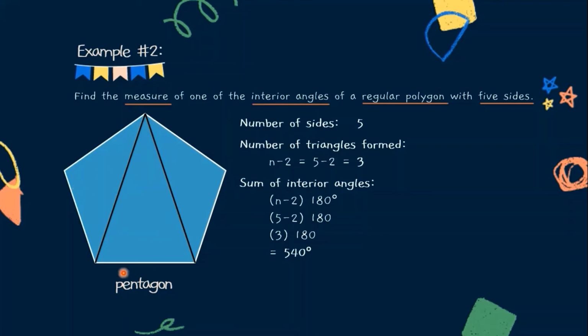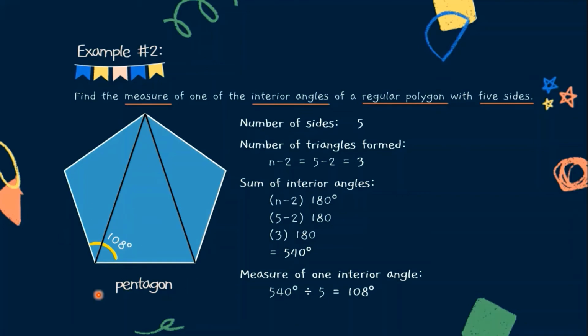So, lahat ng mga limang angles niya, ang sukat ay 540 altogether. Pero, for this example, ang kailangan natin sukat ay isa lang. Kaya what we'll have to do is to find the measure of one interior angle by dividing the sum of interior angles by the number of its sides or the number of angle. 540 degrees divided by 5 is equal to 108 degrees.